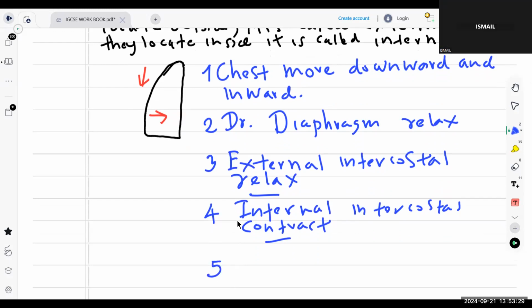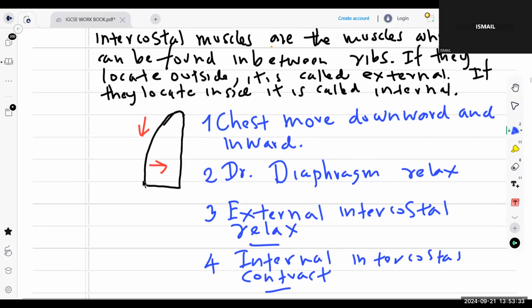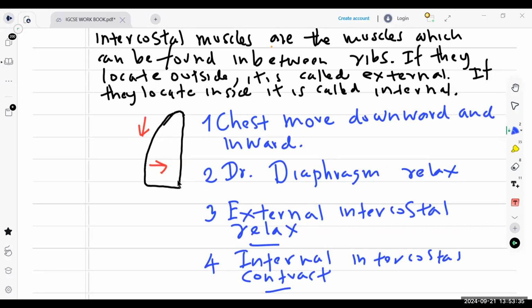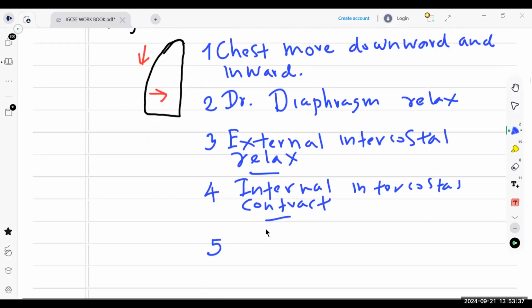Okay, breathing out. What will happen to the total volume of the chest cavity? Is it increasing or decreasing? Volume of chest. Decrease. Decrease, correct.